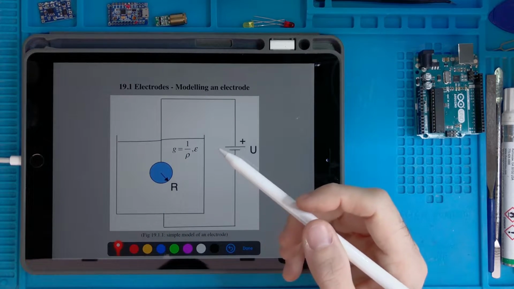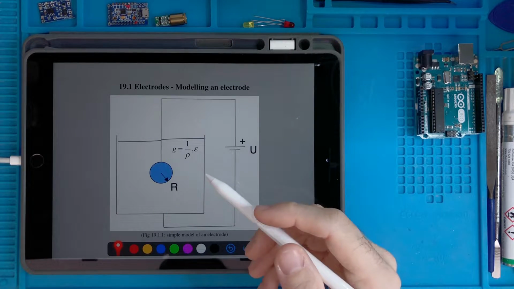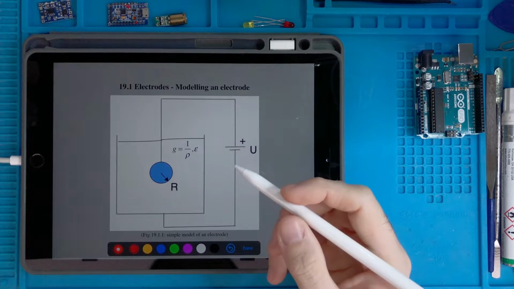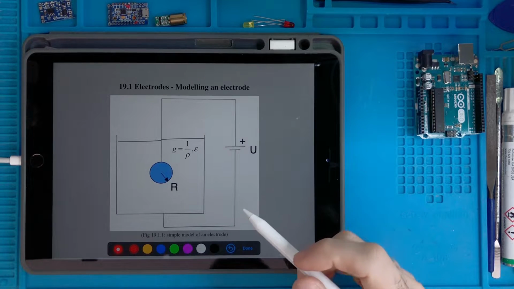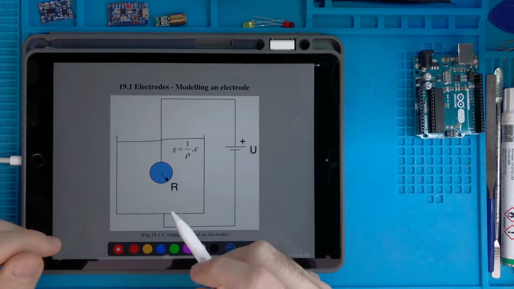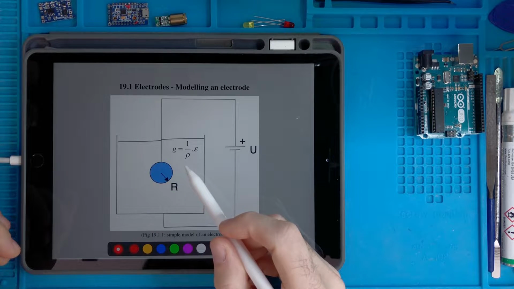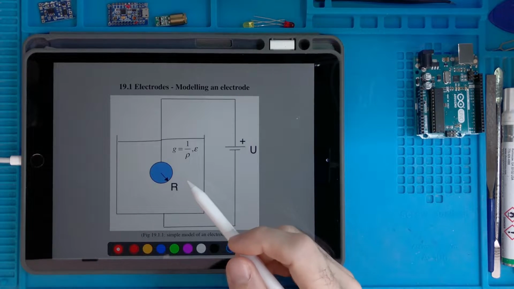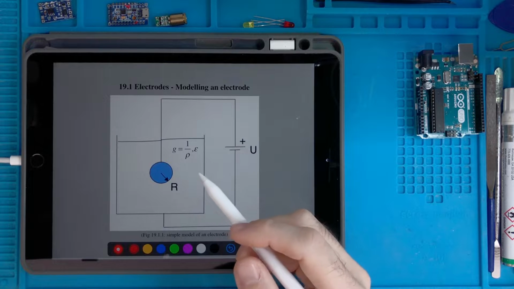This is the top part of the fluid, and this fluid has two characteristics. One characteristic of this fluid is the conductivity, G, which is 1 over rho. So this fluid can conduct electricity, but it is also in part an insulator. So it's a mixture of things.